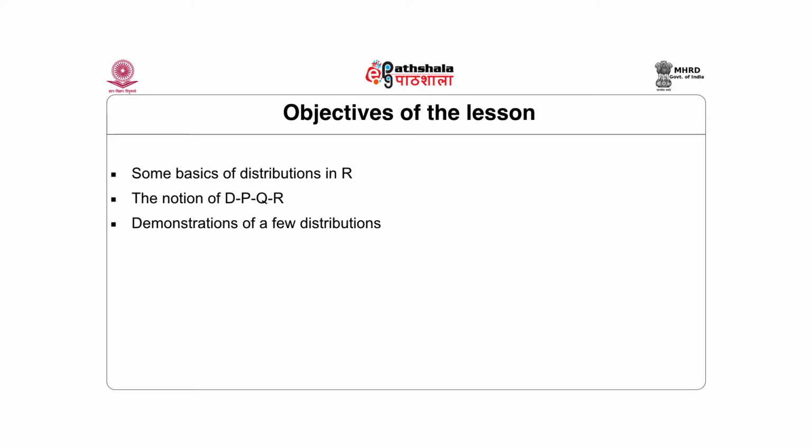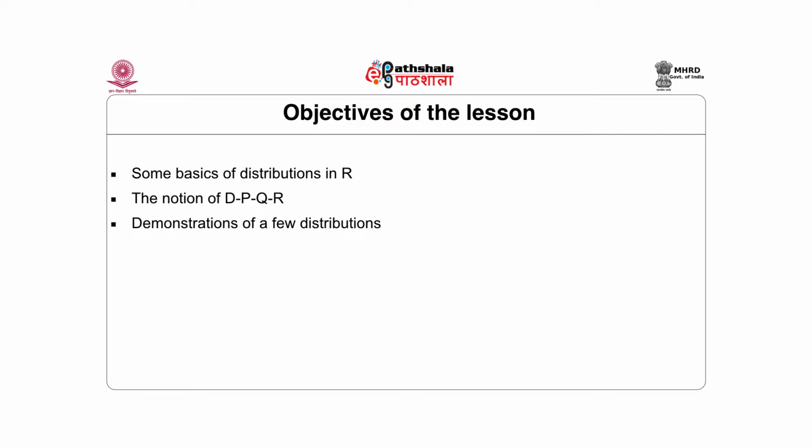In this lesson, we are going to learn some of the very basics of distributions in general. And then we are going to learn a little bit about the use of prefixes. Here you have 4 prefixes arranged in alphabetical order from left to right.